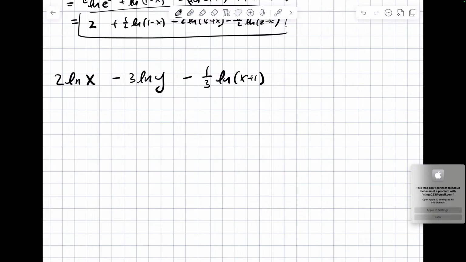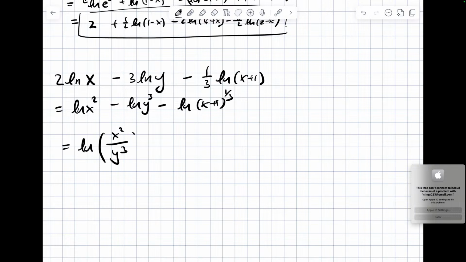I do one row at a time. This is ln of x squared. Is that okay? Minus ln of y to the third. Is that okay? Because the coefficient becomes a power. Minus ln of x plus 1 to the 1/3. Now, when there is subtraction, what does that mean? It's going to divide. So it'll be x squared over y to the third minus ln of x plus 1 to the 1/3. Now, subtraction again, so that means it has to be on the bottom.